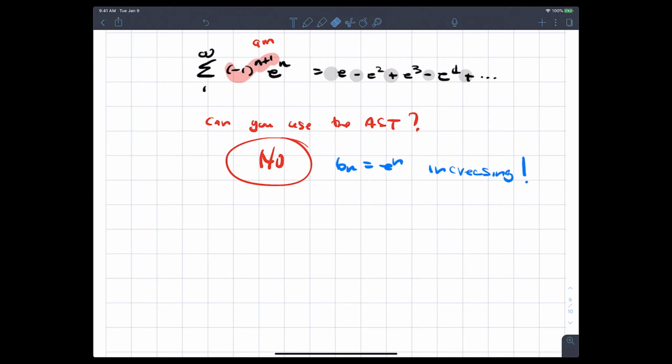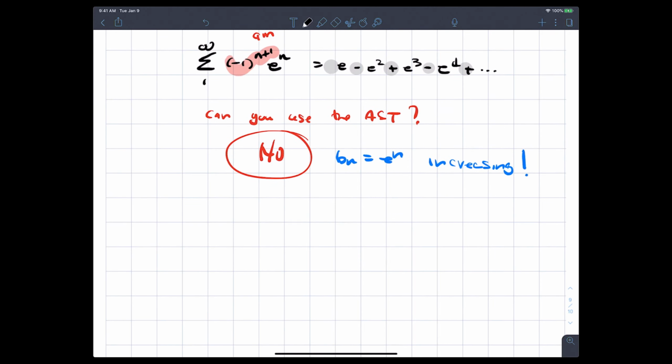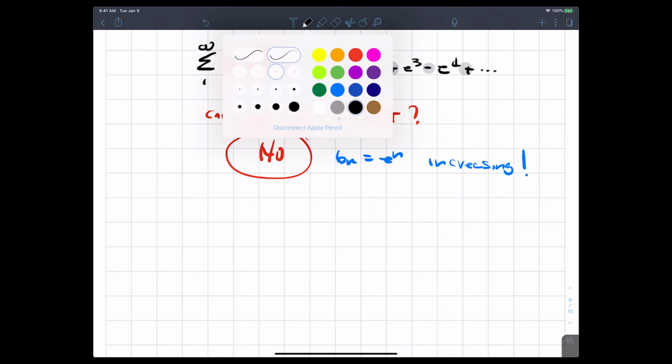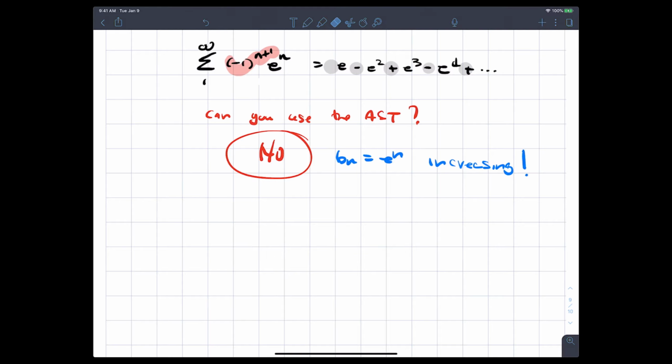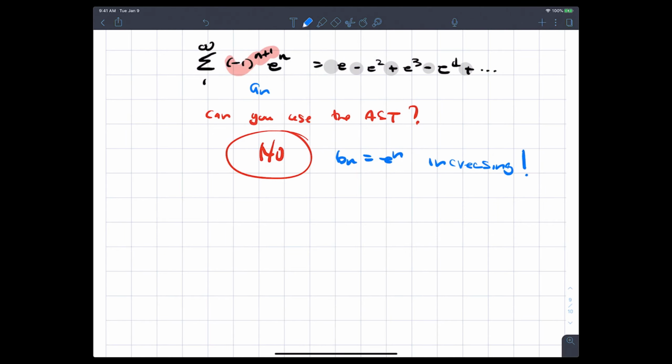Go back to the homework you did on series, that first video I keep preaching about. So you're going to consider this whole thing as, get rid of the alternating mechanism, this is AN. The whole thing is AN. In other words, think of this as negative 1 to the n plus 1 times e to the n.